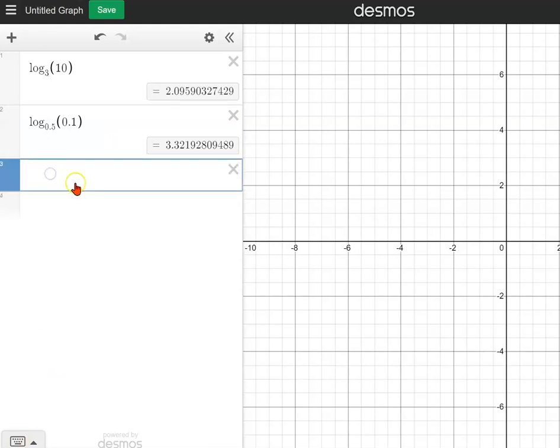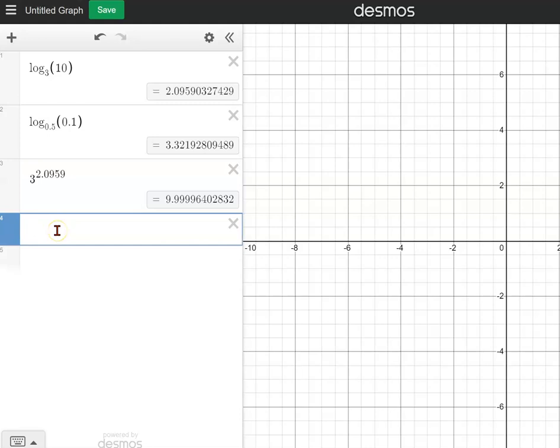So check your answer. Like the first one, 3 to the power of 2.0959 is equal to 9.9999. If we round off, that is equal to 10.